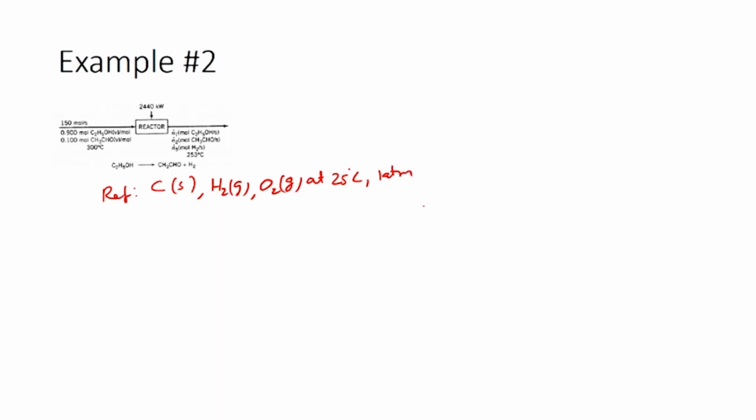So, this would be my reference state. Now the substances which I have are C2H5OH, CH3CHO and hydrogen. So, I would have N dot, H cap in, N dot, H cap out.